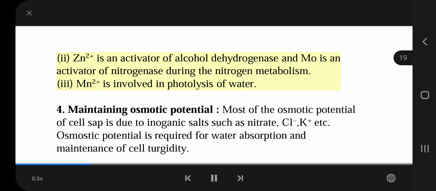Zn2+ is an activator of alcohol dehydrogenase and Mo is an activator of nitrogenase during nitrogen metabolism. Mn2+ is involved in photolysis of water.